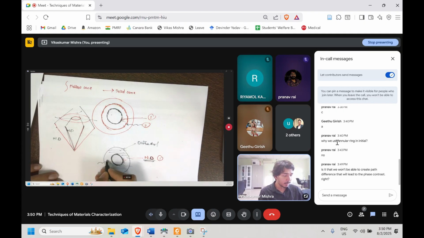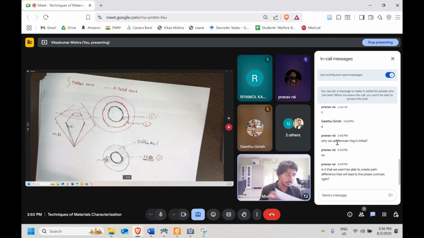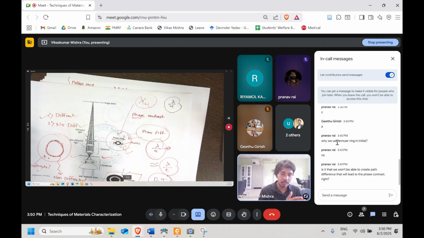Let us say the diffracted beam and non-diffracted beam both are passing through this. What will happen? They are passing through the same region. The path difference between the diffracted and the non-diffracted beam will be zero. There is no path difference, so they will always form constructive interference. You will always get the bright light, right?